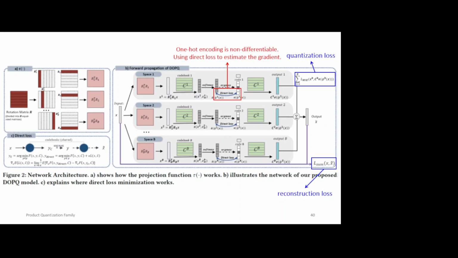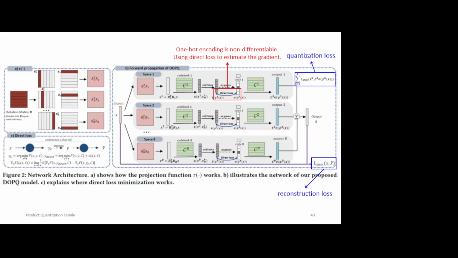Okay, so this is the whole architecture. Let me illustrate it for you. First, you can see there are three main parts. The A part is trying to generate a projection matrix. Okay, so how to generate a rotation matrix?